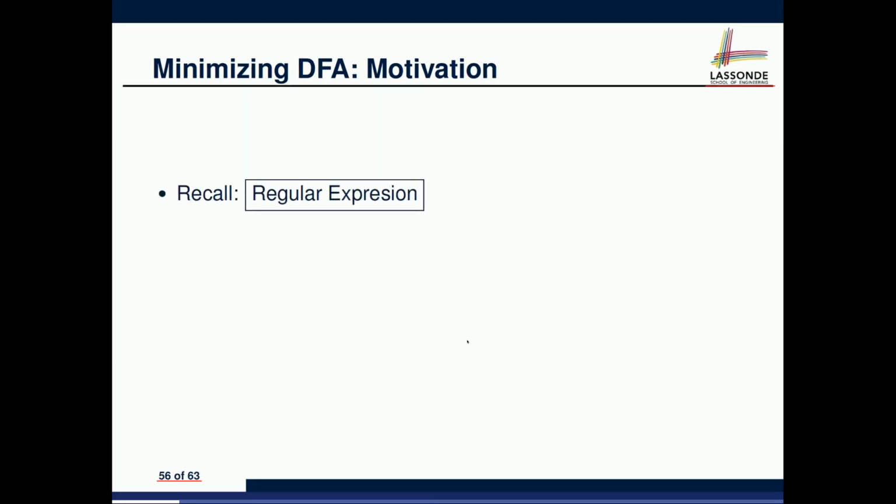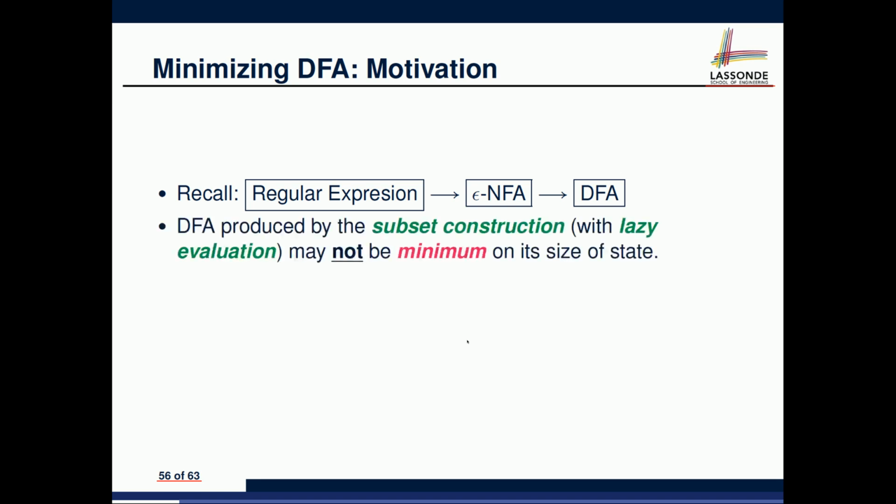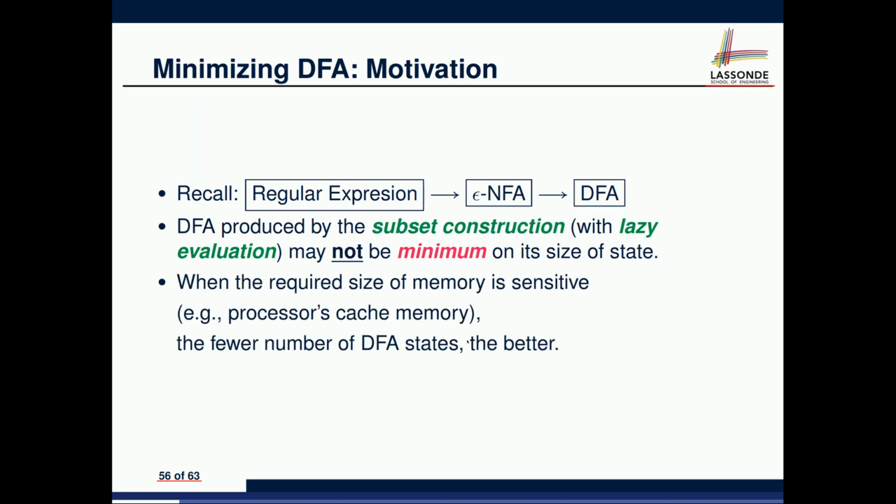The motivation is very easy. So we talked about going from regular expression to epsilon NFA, and from epsilon NFA to DFA. But the DFA we have from this process is not necessarily minimum in its number of states. So we want to really minimize. The motivation is pretty straightforward. If memory is sensitive, you had better minimize your number of states, right?